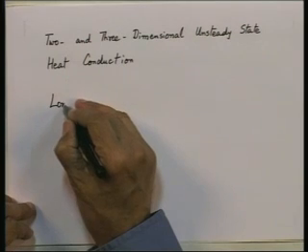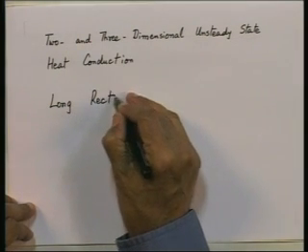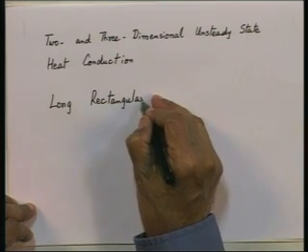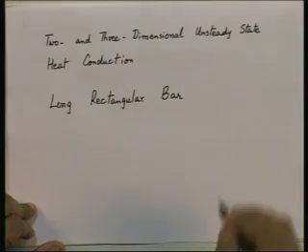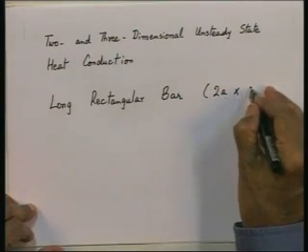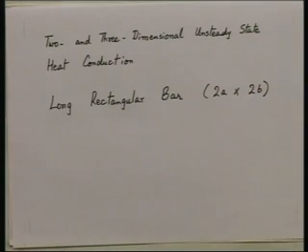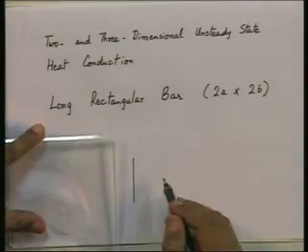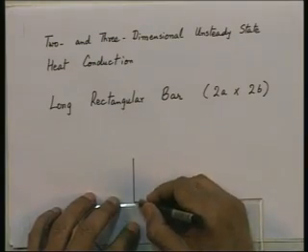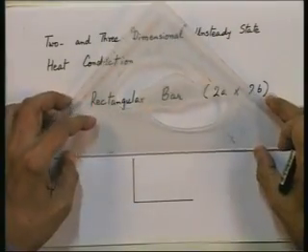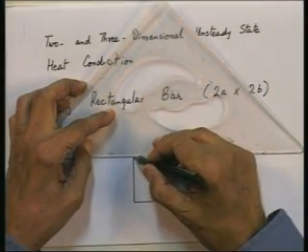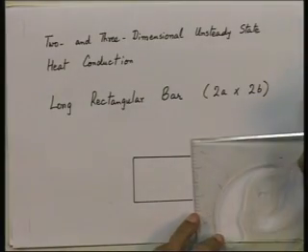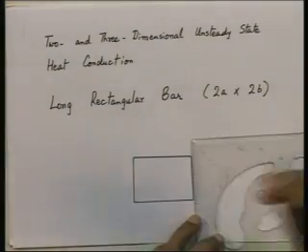Let us look at the following problem. Let us say I have a long rectangular bar, dimensions 2a by 2b, something like this. Let us say I have a cross section which is like this, 2a by 2b.